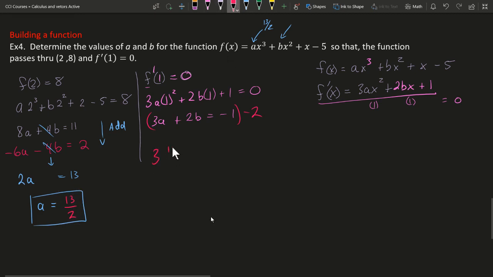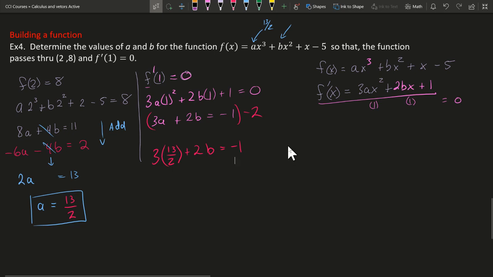3 times 13 over 2 plus 2 times b equals a negative 1. And I can ignore the fact that I did this minus 2 thing here. Okay. Anyway, so this is 13. This is 39 over 2.